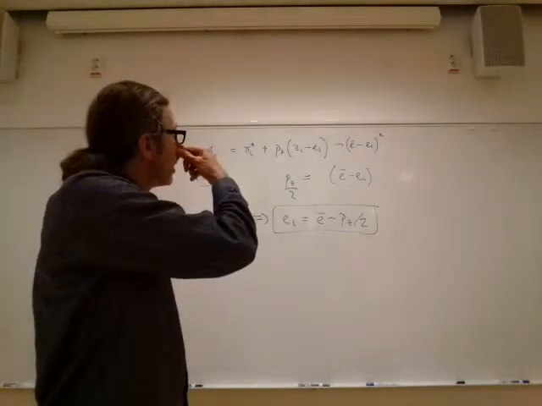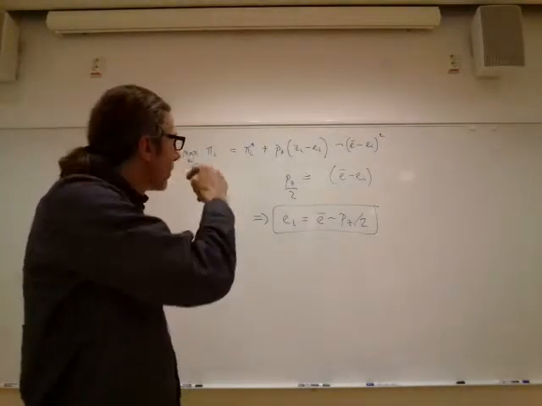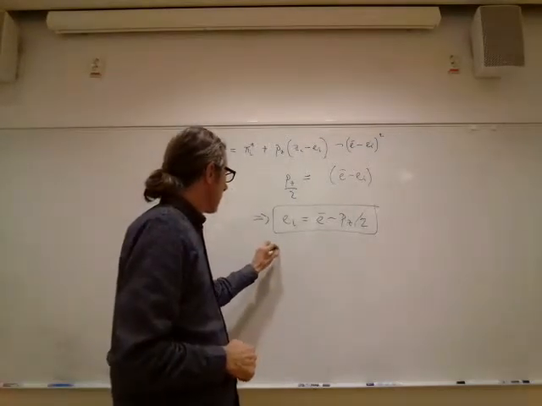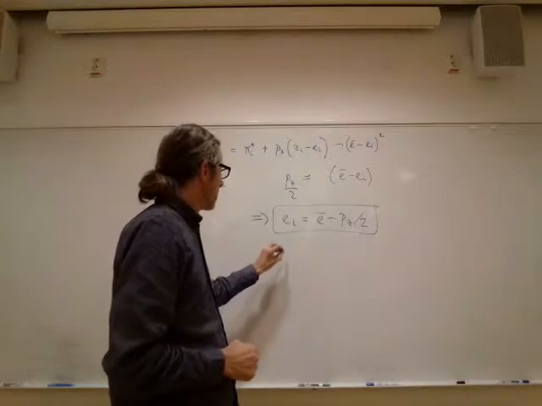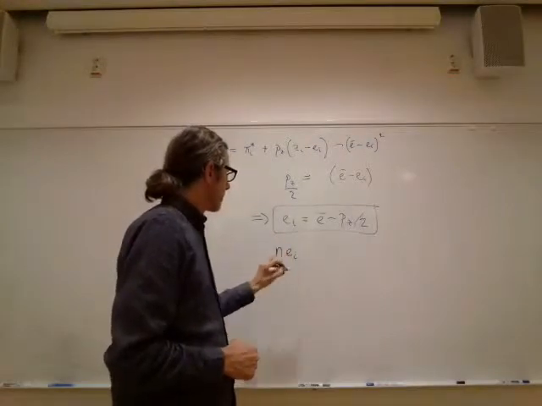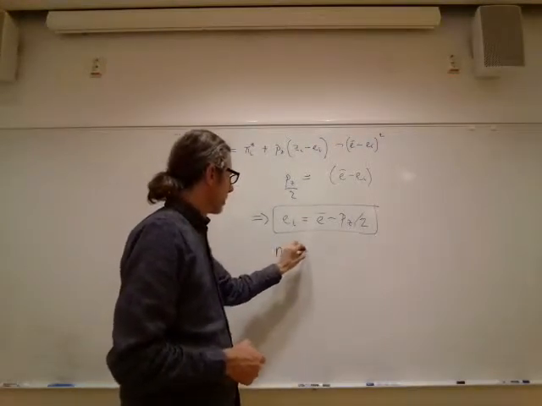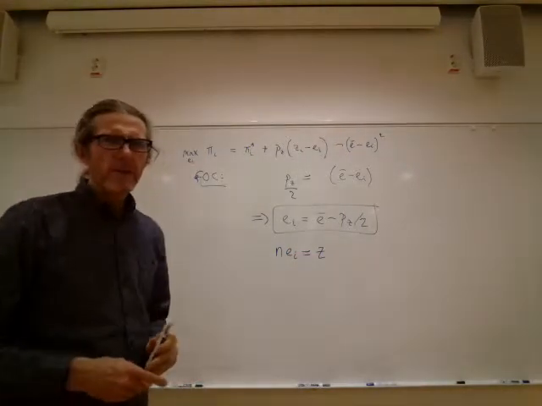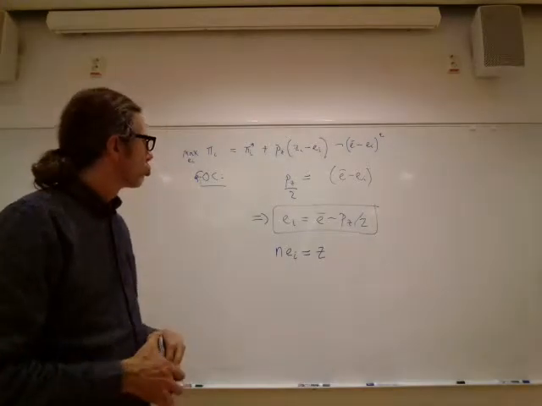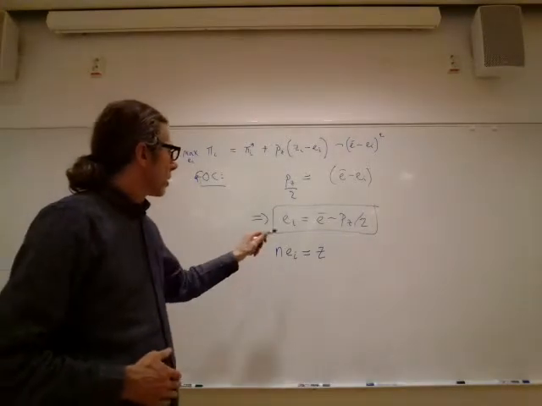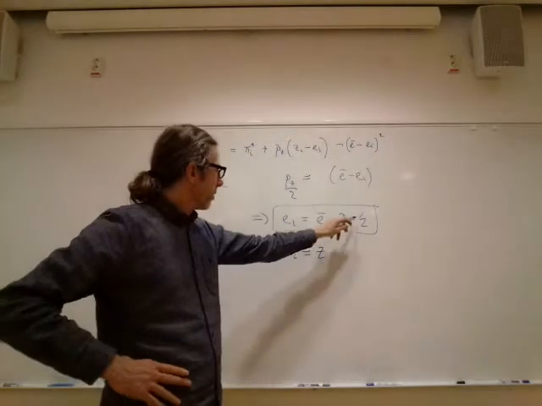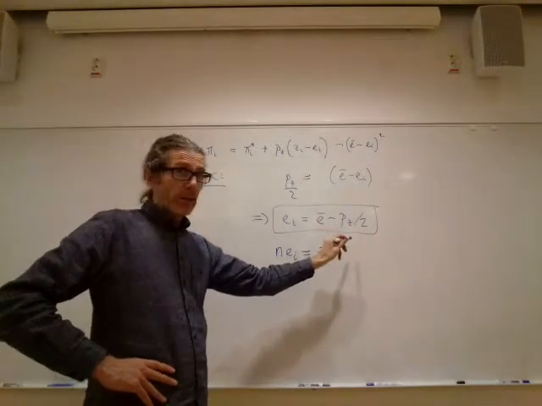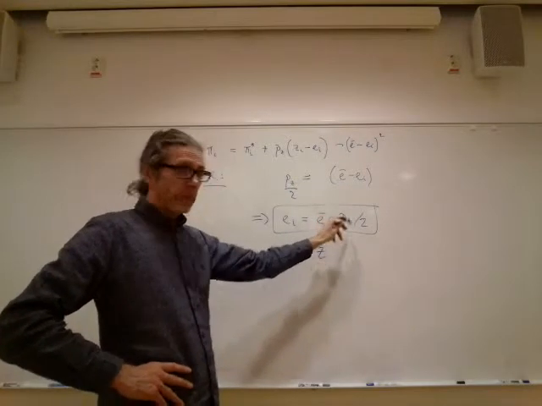So what do we know about all the firms? We know that N times EI must be equal to Z, don't we? I think. Because it looks to me like all the firms are going to end up emitting the same amount. There's no I's on the right hand side here, are there?